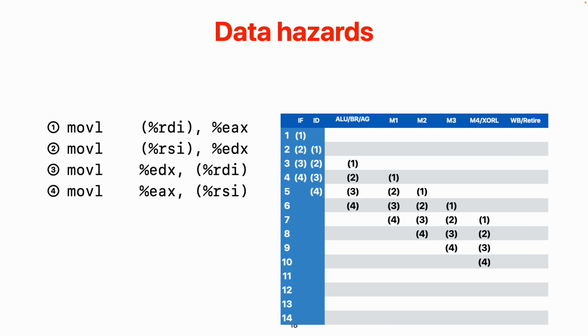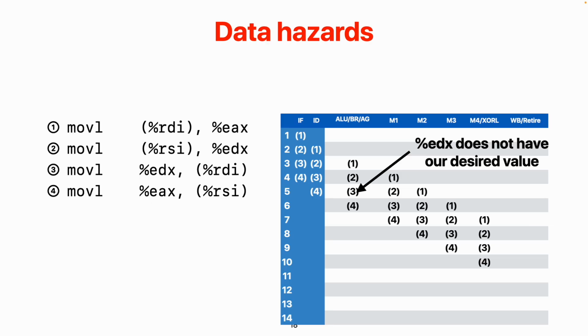And everything goes really well. If everything goes really well, this is the pipeline that we were expecting. However, this is not possible, because at this moment, this is the 5th cycle. Instruction 3, as we identified, has a data dependency with EDX.